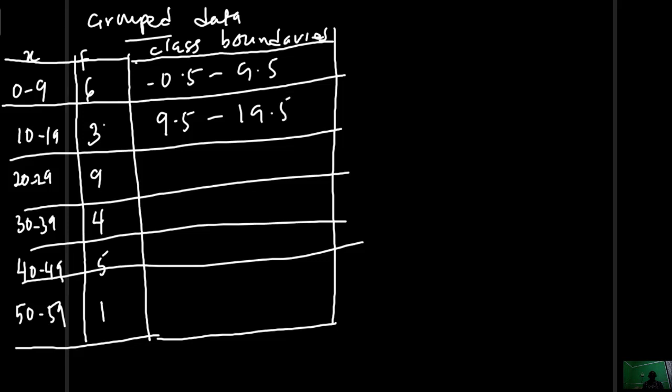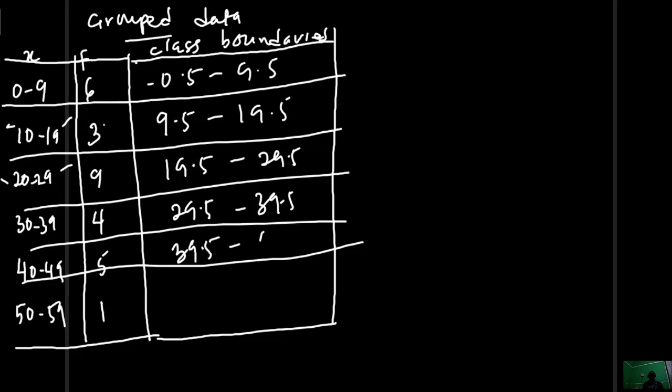You subtract half, you add half. 19.5 to 29.5, and here is 29.5 to 39.5. This side is 39.5 to 49.5, and here is 49.5 to 59.5. This is our class boundary.